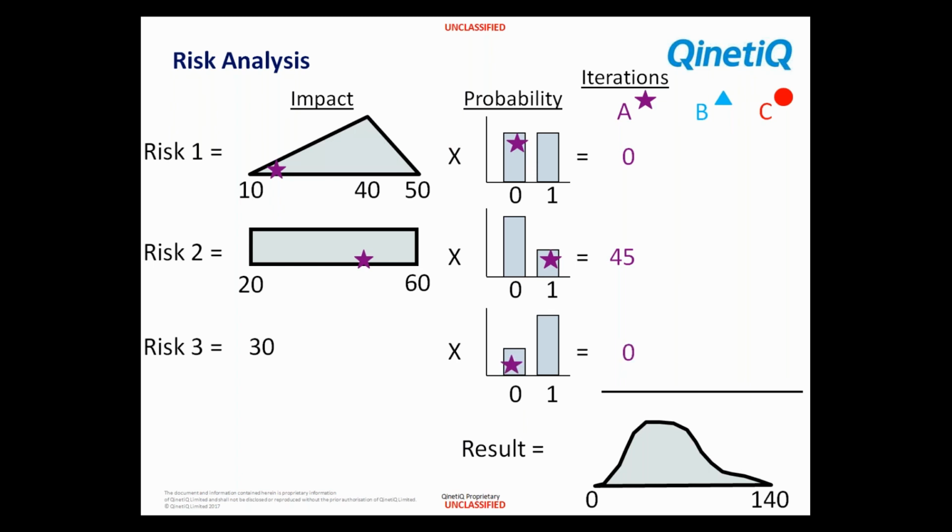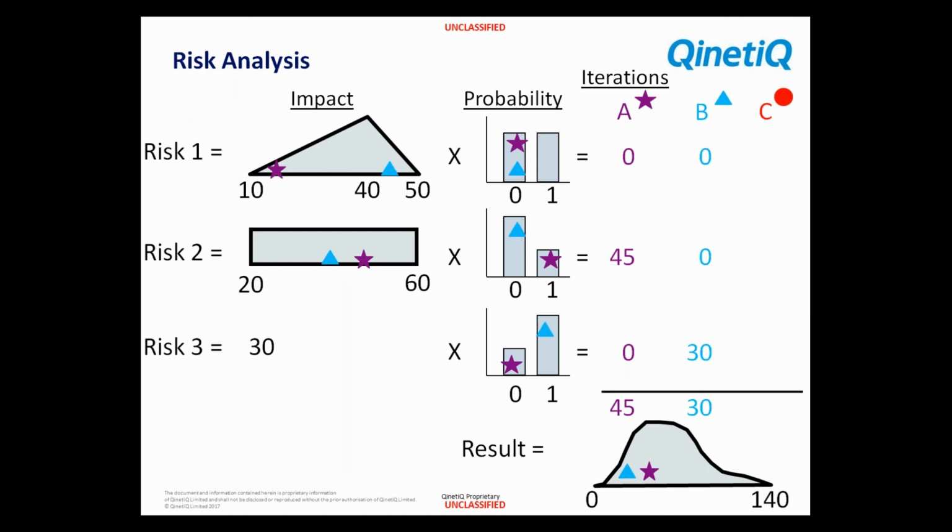The final one, risk 3, in this case didn't occur, 0. So we add up what we need for this iteration A, 45, and we store it in the computer memory. Now, just as before, we can move on and reset everything.